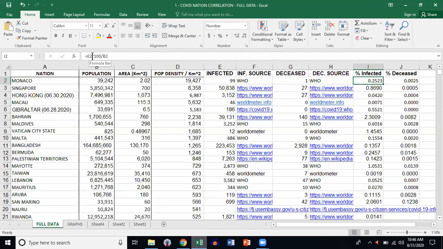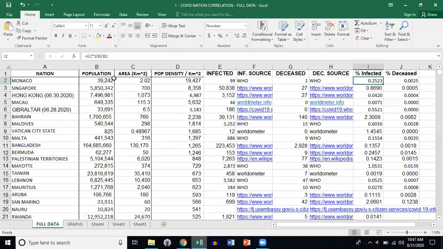You use shift 8 to give you the asterisk, which is equivalent to a multiplication, 100, because it's a percentage that we're doing, times 100 to make it a percentage, and then divided by the larger number, which is going to be the total number of population of that country, which is B2, right?